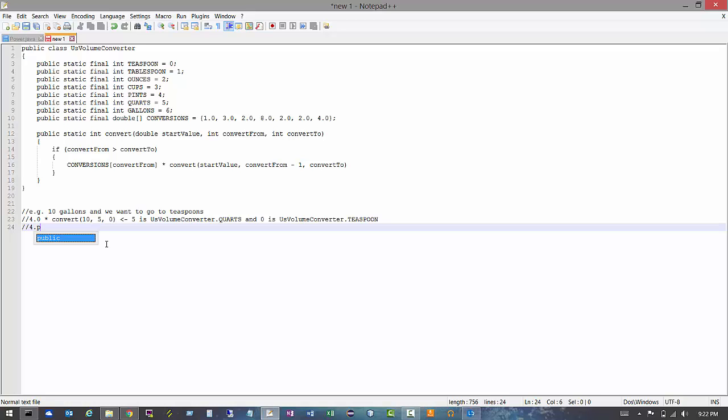Again, just like the other one, if you don't overthink it, just look at it and say, okay, what happens when I call convert with 10, 5, and 0?